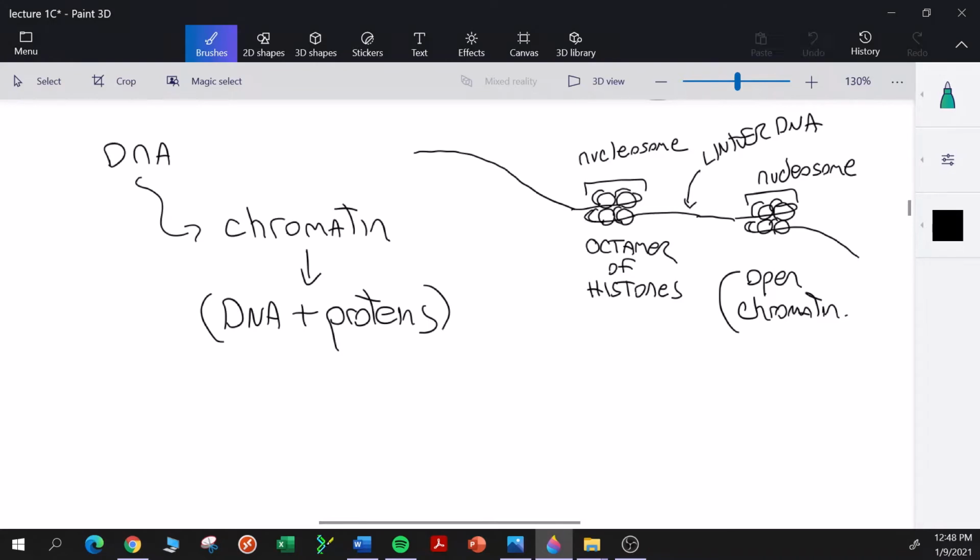And sometimes that's a good thing, when there are proteins that need to access that DNA and read information from it. Well, the DNA should be in an open conformation in order for these proteins to get at that DNA and get the information. Now, chromatin can also be in a closed state.